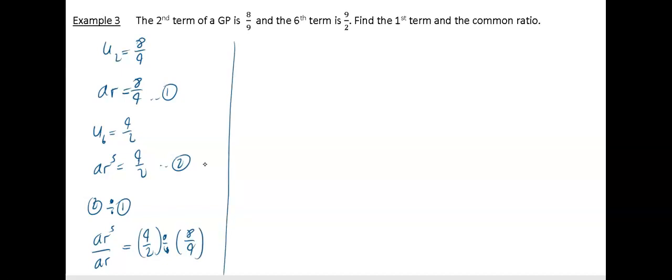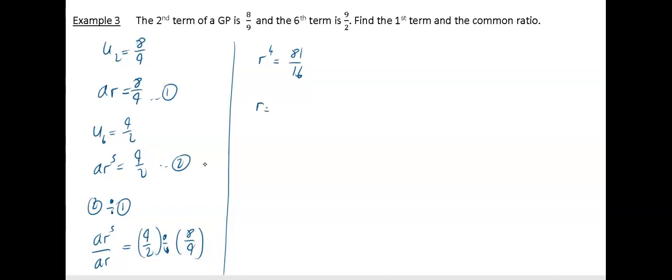Left-hand side, you had ar^5 divided by ar, so the a's cancel. Then r^5 divided by r is just going to be r^4. And the right-hand side of that was 9/2 divided by 8/9. If you do that out, you're just going to get 81/16. Okay, r^4 is equal to 81/16.